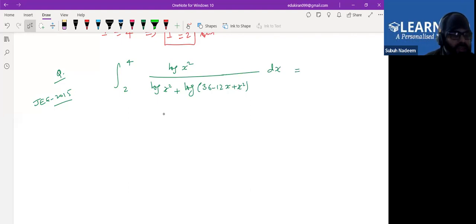And this integral is equal to 1, 6, 2, 4, the options.